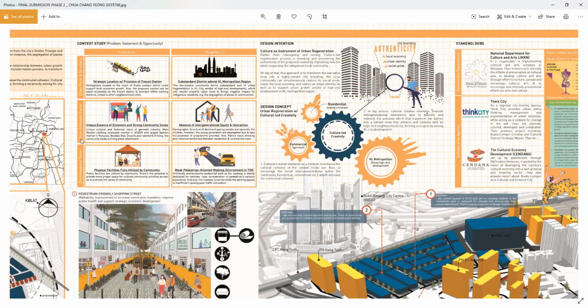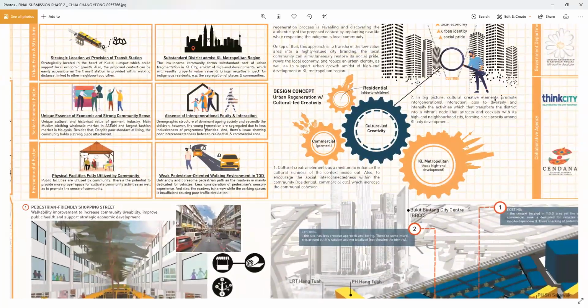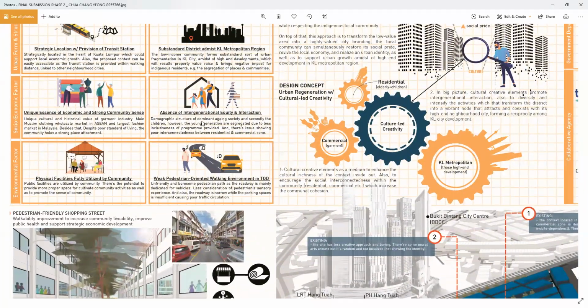In terms of socio-economic factors, the negative side will be the absence of intergenerational equity and interaction. We can see that the demographic structure is dominated by the aging society, and secondly, the children.